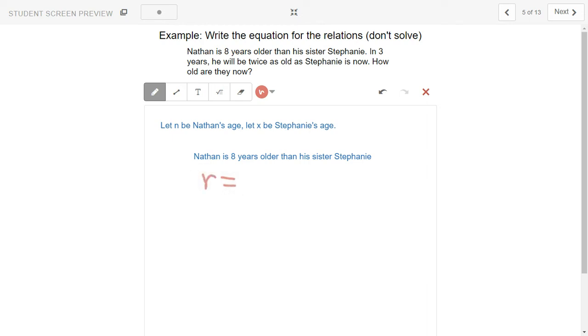And Nathan is represented by the letter N. Second part of the statement, 8 years older than his sister Stephanie. So that means when we have 8 years older, we're taking Stephanie's age and we're going to add 8 years. And that would equal Nathan's age. So we have x plus 8. That's our first equation.